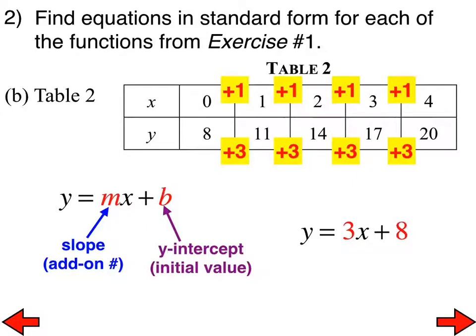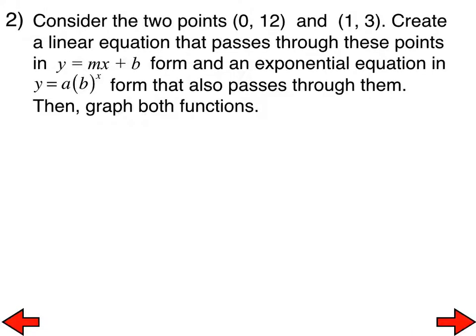Okay, so let's now go to number 3. Number 3 says, consider the two points (0, 12) and (1, 3). Create a linear equation that passes through these points in y equals mx plus b form, and an exponential function in the form y equals a times b to the x that also passes through them.